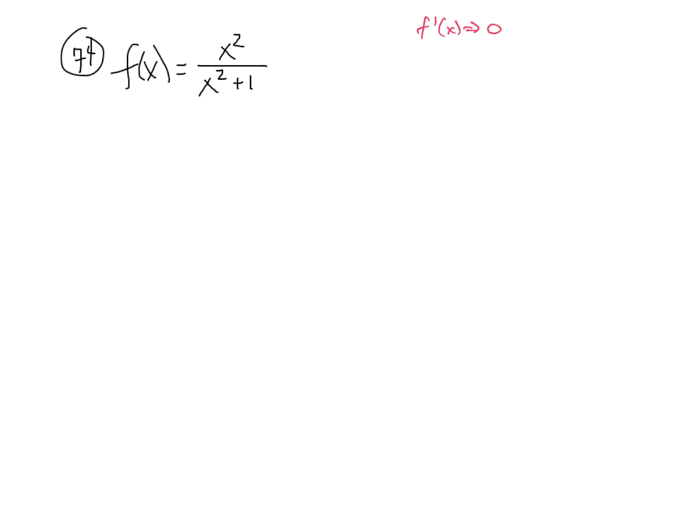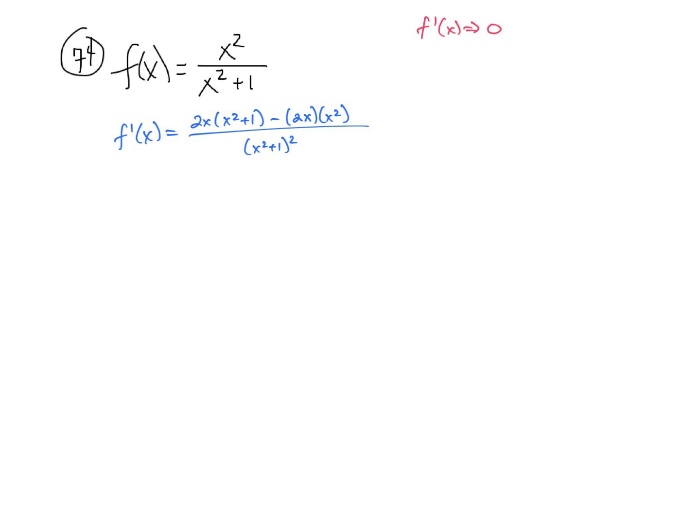I have x squared over x squared plus 1. Guess what we have to do? We have to use the quotient rule. So f prime of x is equal to the derivative of the top times the bottom minus the derivative of the bottom times the top, all over the bottom squared.